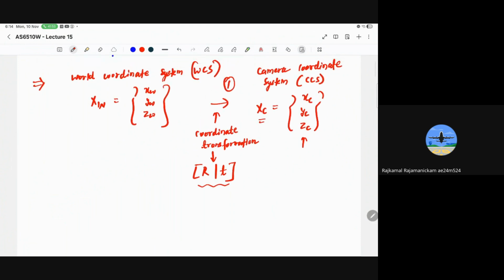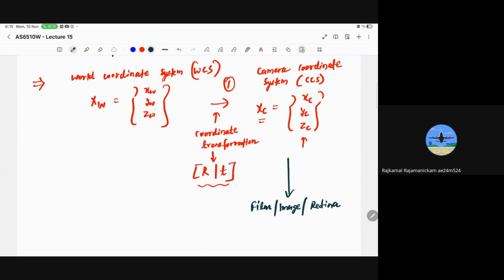From camera coordinate system, the next one is from the camera coordinate system to the image coordinate system, or let me write the film. Whatever film is there in the camera, so film or image or retina, whatever you want to call it, on which the image is forming.